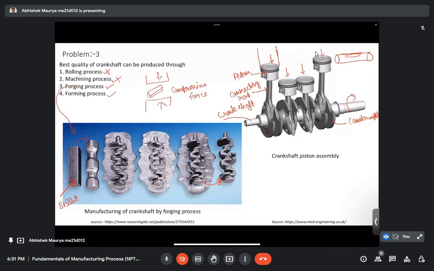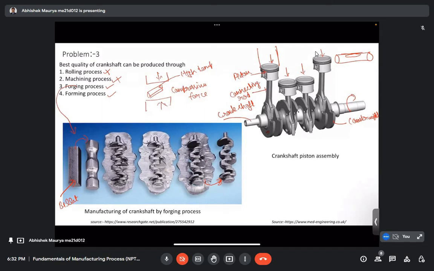And we keep the temperature a little high, so that its yield strength becomes smaller and the metal has the ability to flow. High temperature, so basically it's a hot working process.